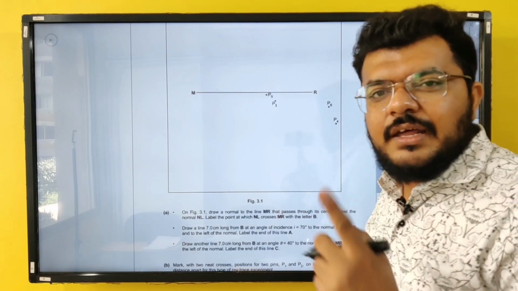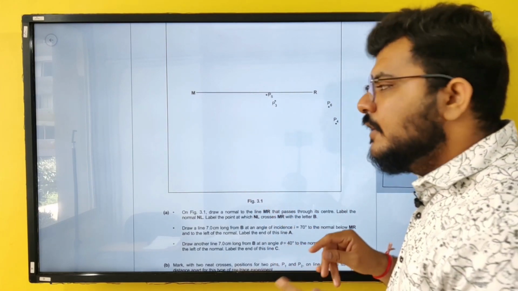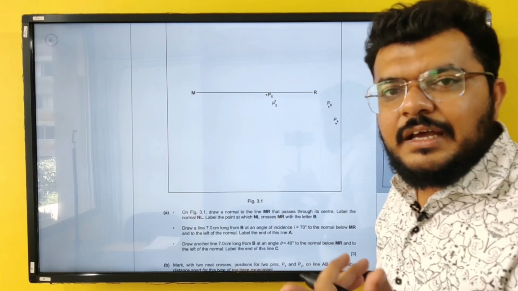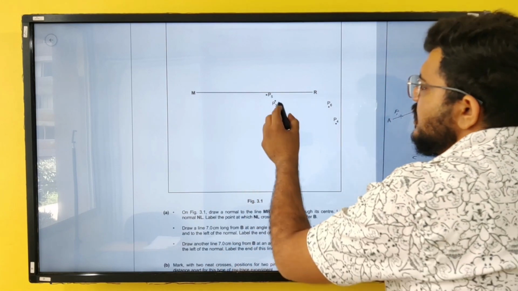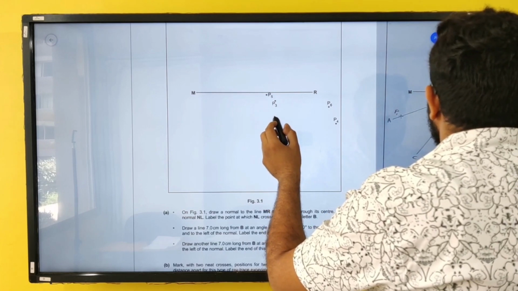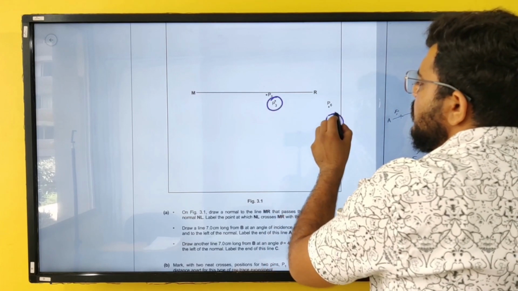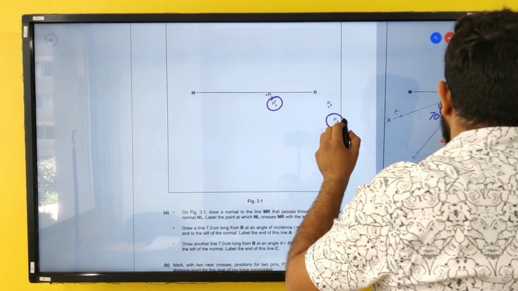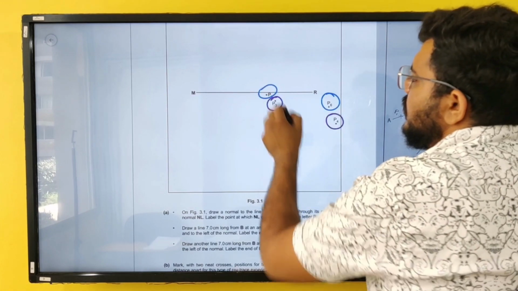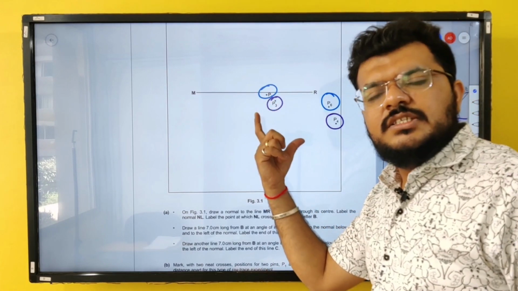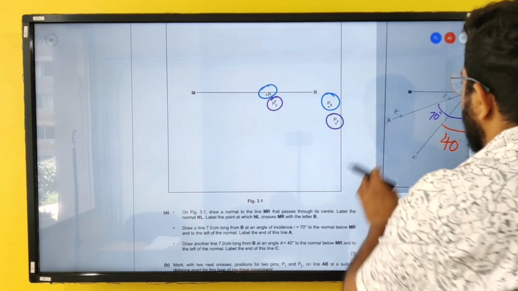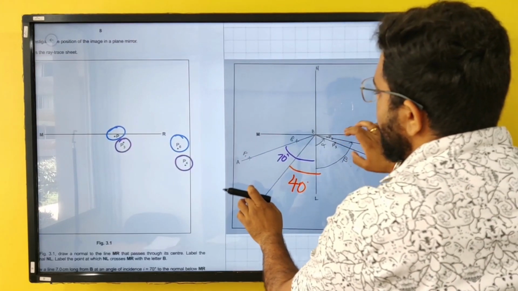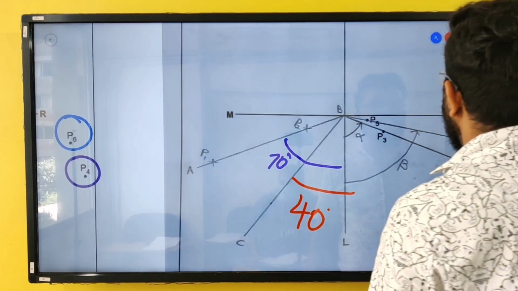Now there is only one line that can pass through 2 points, so that will give us a perfect ray diagram. But if you notice, they have kept some distance between P3 and P4, and in fact P5 and P6. So you can measure this distance with your scale and mark your points P1 and P2.